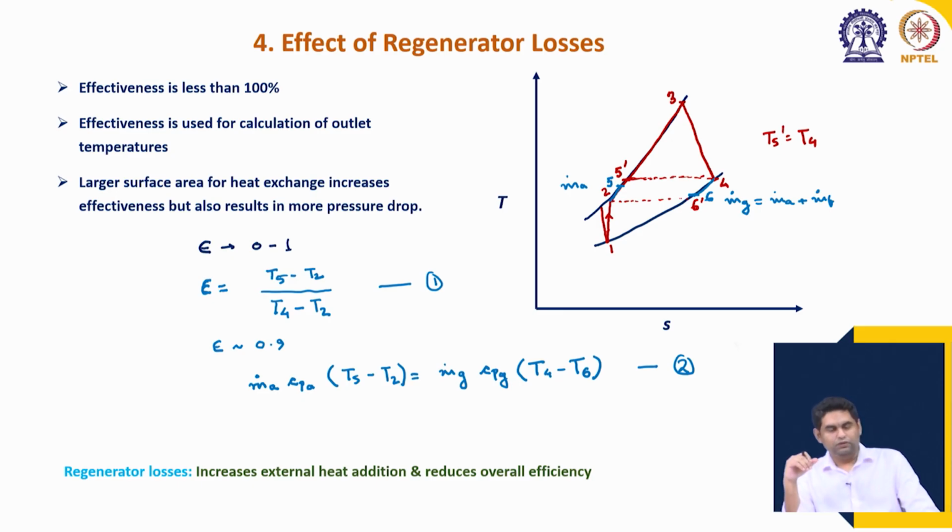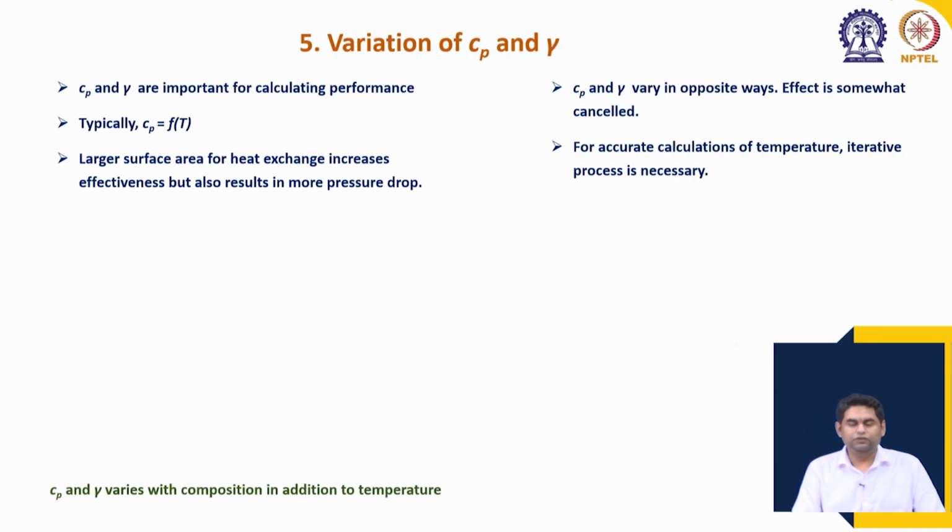Now, we proceed to the next deviation from the ideal cycle, which is due to variation of the properties of the gases. What properties of the gases? To be more specific, the thermal properties which are important in this case are the Cp value, the specific heat, and gamma, which is the ratio of the specific heats.